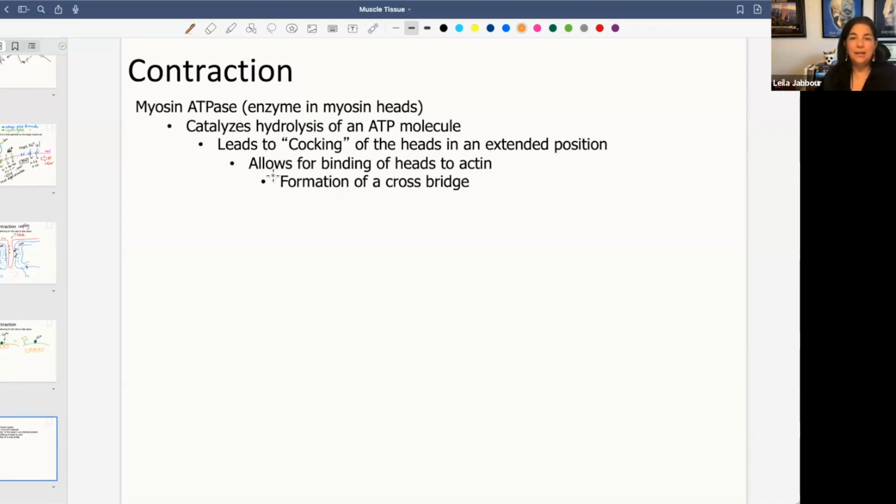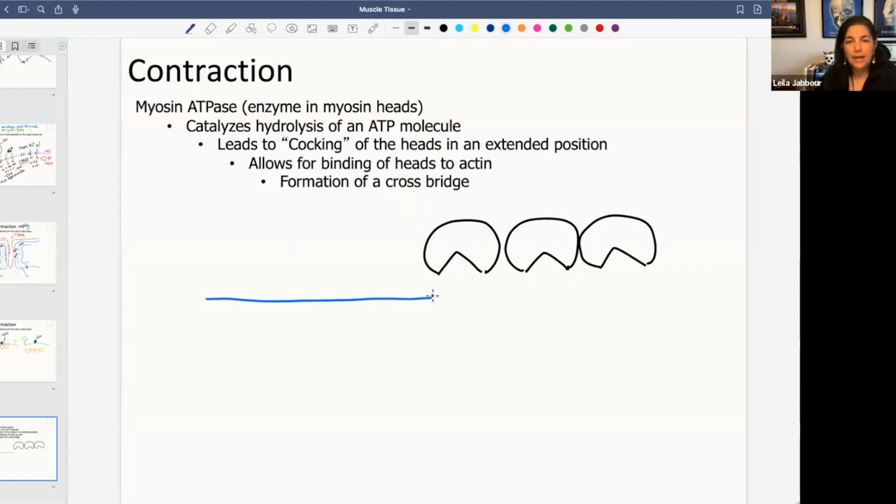And form the famous cross bridge between the 2 types of filaments. So let me draw that. I'm going to draw these G-actin upside down, and I'm going to draw the heads of the myosin this way.